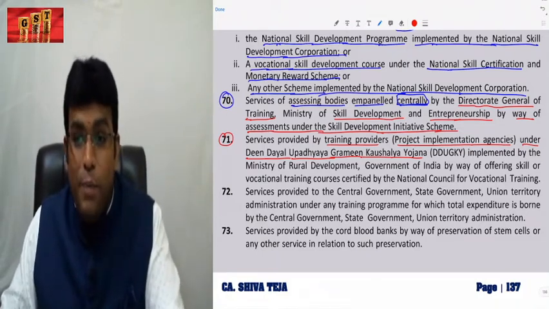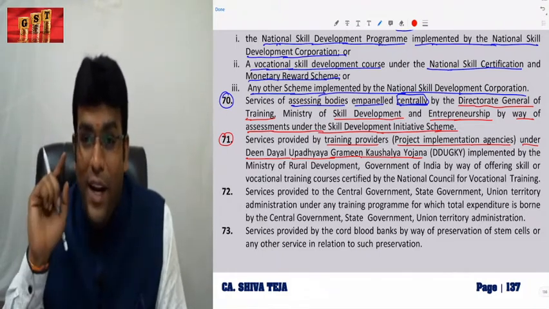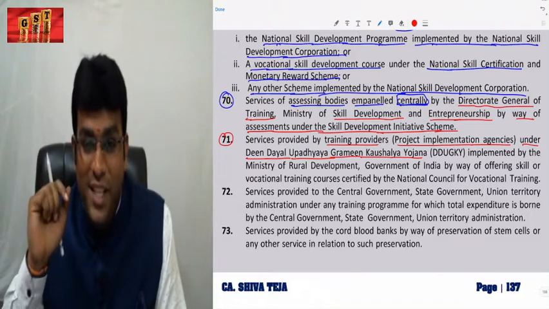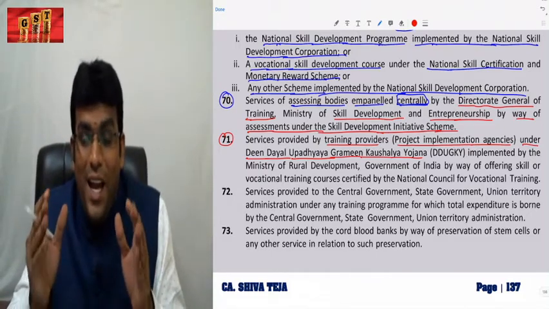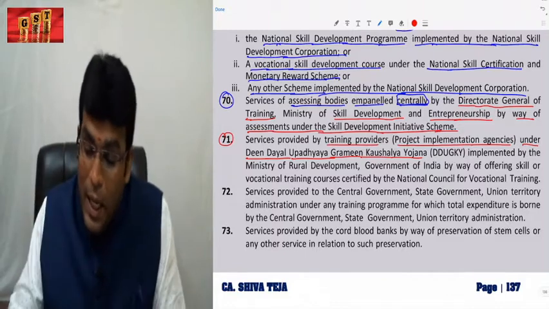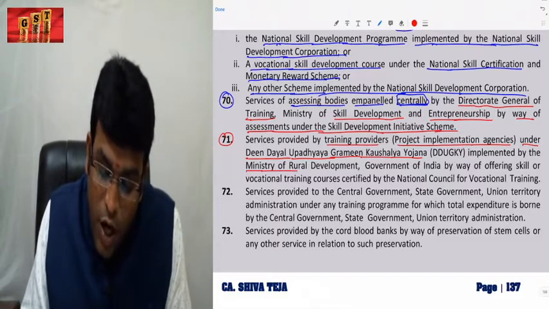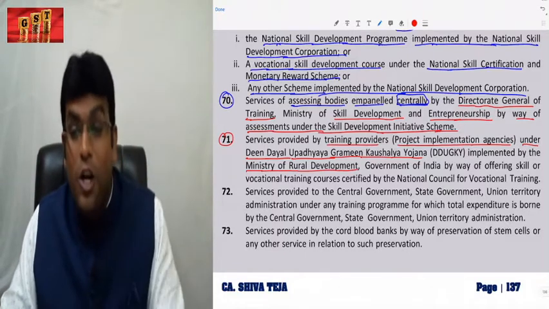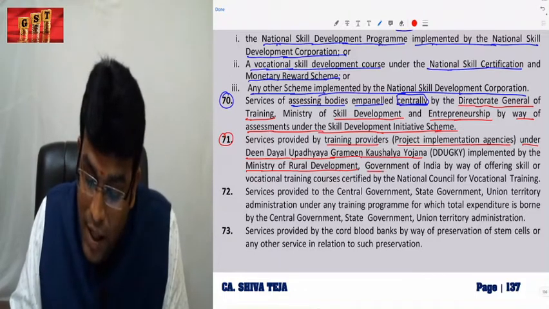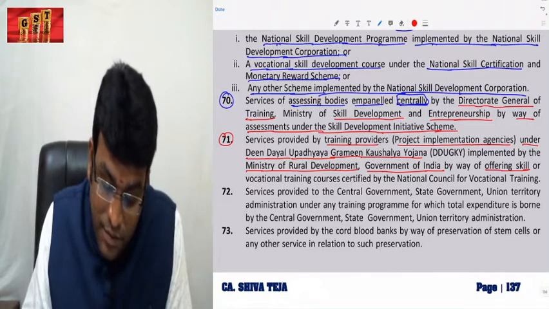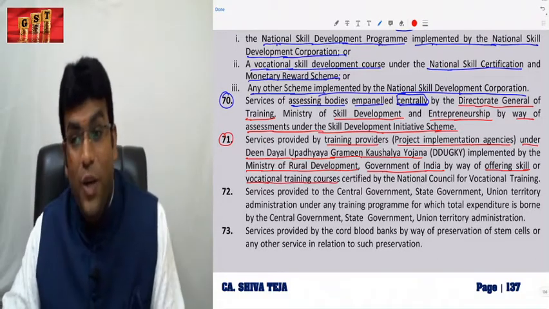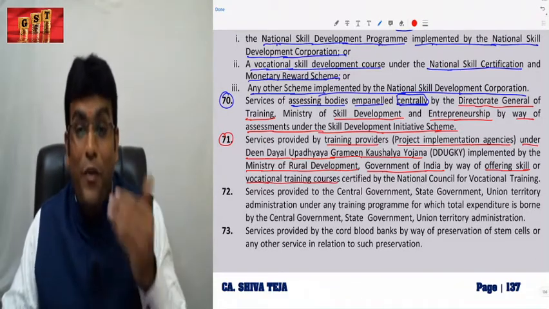Service provided by training providers, project implementation agencies under Deen Dayal Upadhyay Gramin Kaushal Yojana implemented by Ministry of Rural Development, Ministry of what, sir? Rural Development, Government of India, by way of offering skill or vocational training courses, by way of offering what, my dear friends?